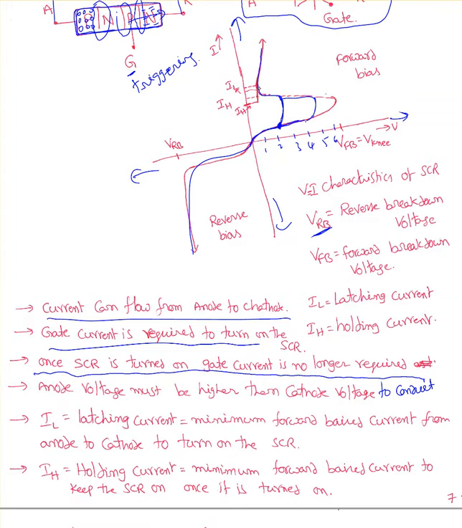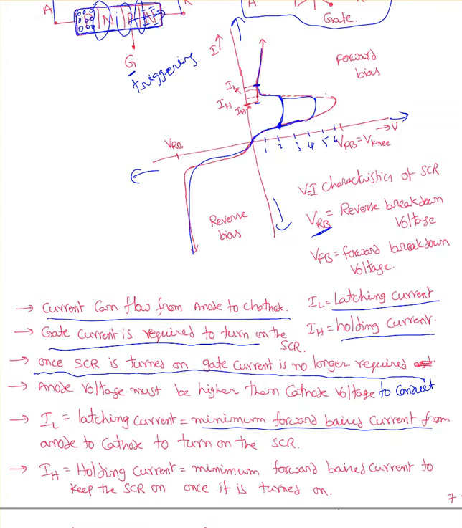Now here I'm using two terminologies. IL is called latching current, IH is called holding current. Latching current is the minimum forward biased current from anode to cathode to turn on the SCR. Once I supply the gate signal, the triggering voltage or current needs to last a certain time, like 5 microseconds or 10 microseconds.